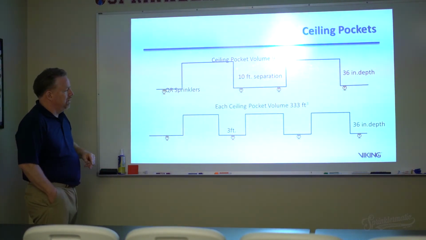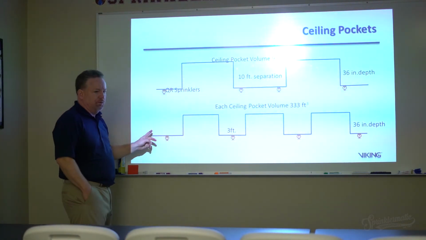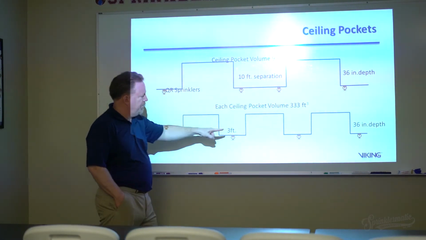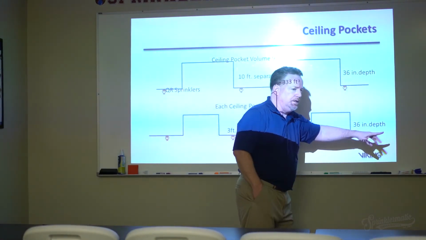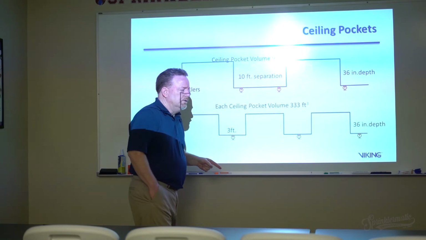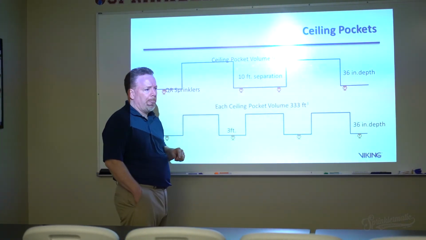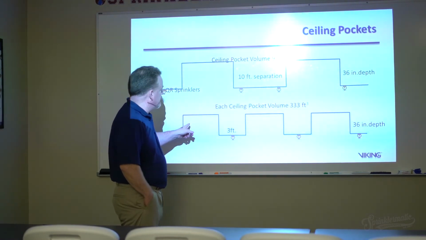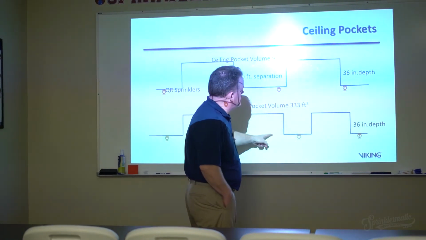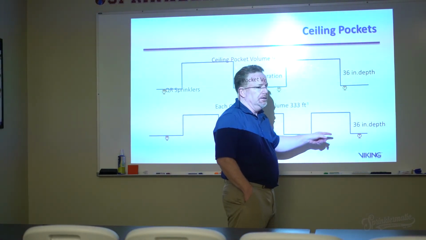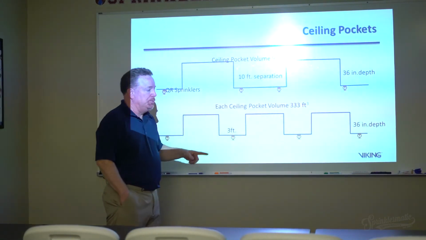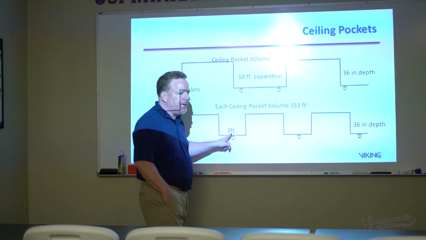Easy peasy. However, not so easy was, what if I have these here? Each one of them complies with the 36-inch depth rule. Each one of them is only 333 cubic feet. Only problem is, they're only 3 feet apart.